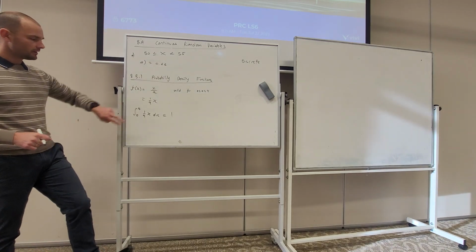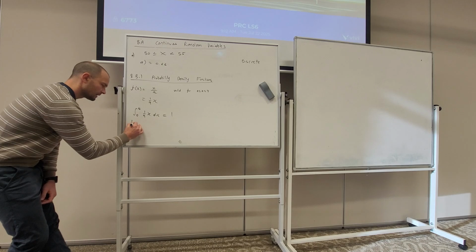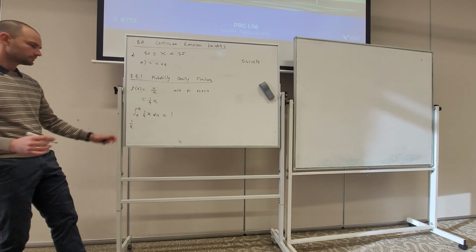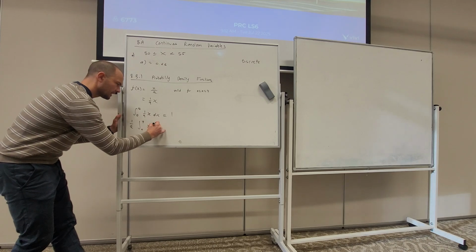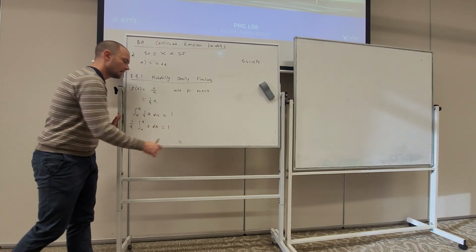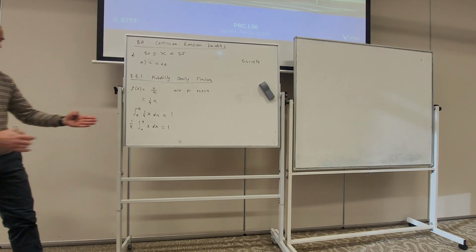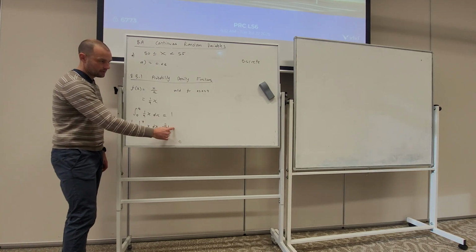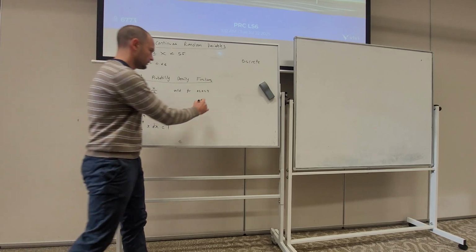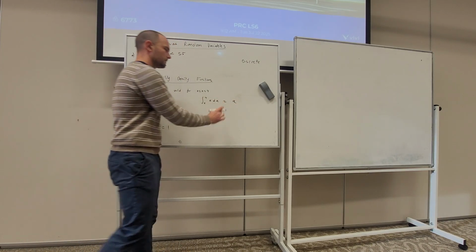Now remember 1 on a is a constant, let's rip that out the front. So we have 1 on a times the integral from 0 to 4 of x with regards to x equals 1. And we can even do something really clever here by multiplying both sides by a. If we multiply both sides by a, we have the integral from 0 to 4 of x is equal to a.